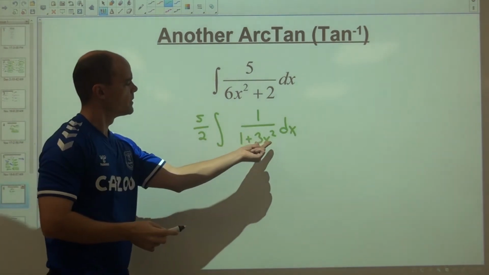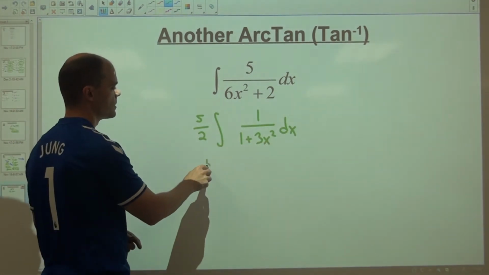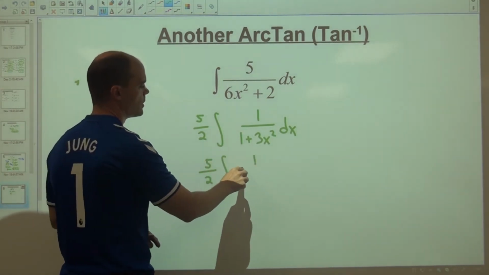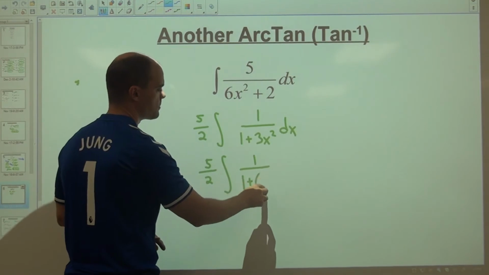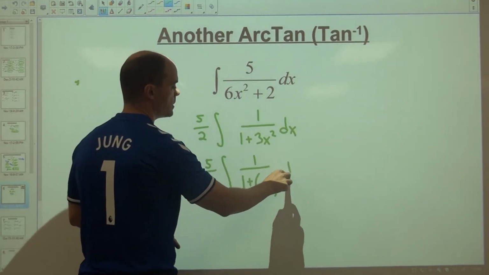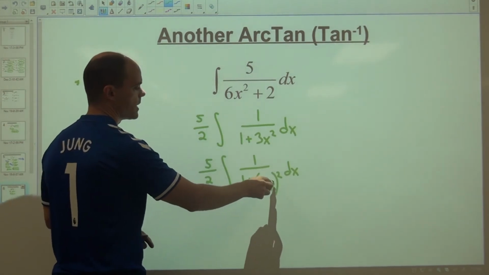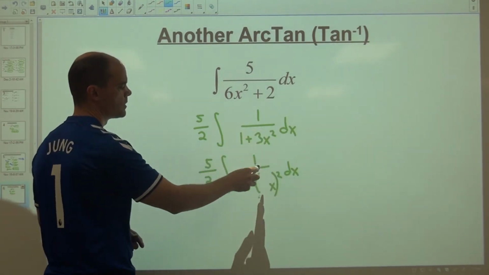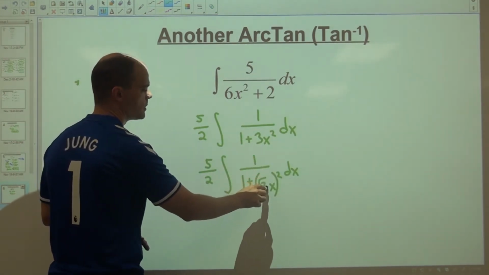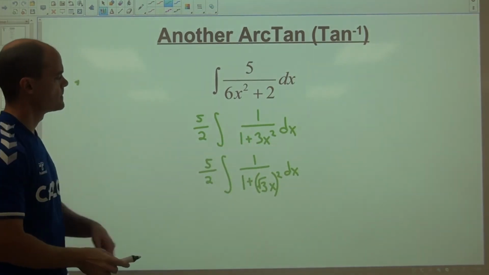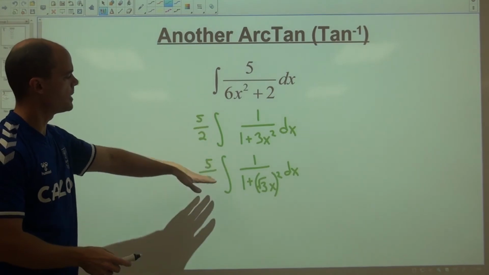And now I rewrite this piece. So I'm going to recopy, and I want 1 over 1 plus something squared dx. Certainly x times x is x squared, and radical 3 times radical 3 is 3. So here's our setup, algebra, algebra.